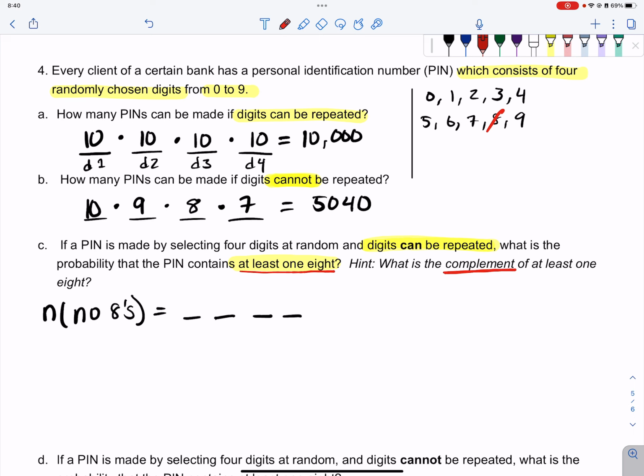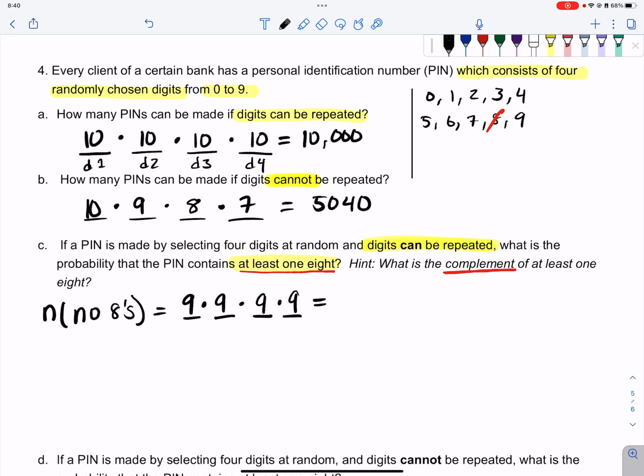How many numbers do I have left to choose from for that first digit? Well, we have 9 options there, so my first digit has 9 options. And now we said they can be repeated, so the second, third, and fourth also have 9 options, and we can just multiply this together.